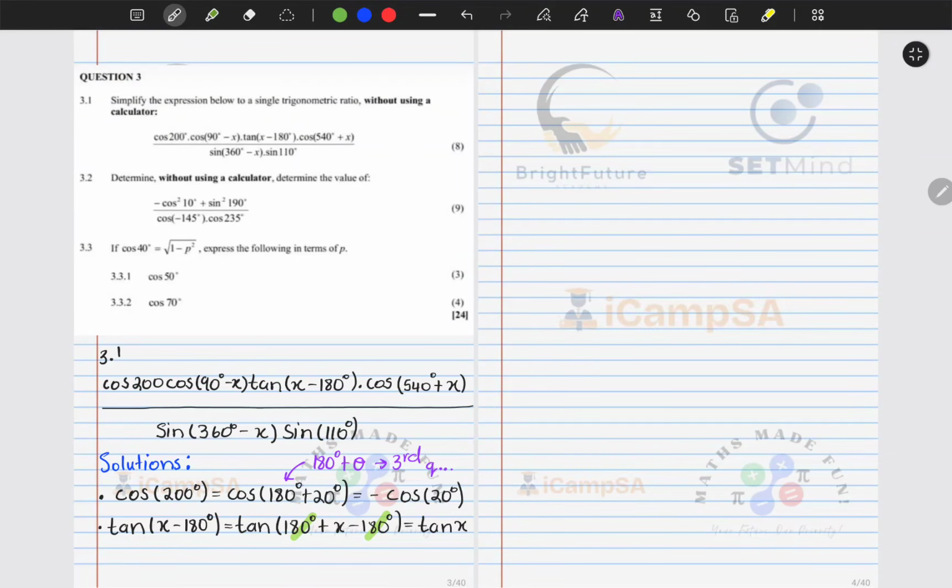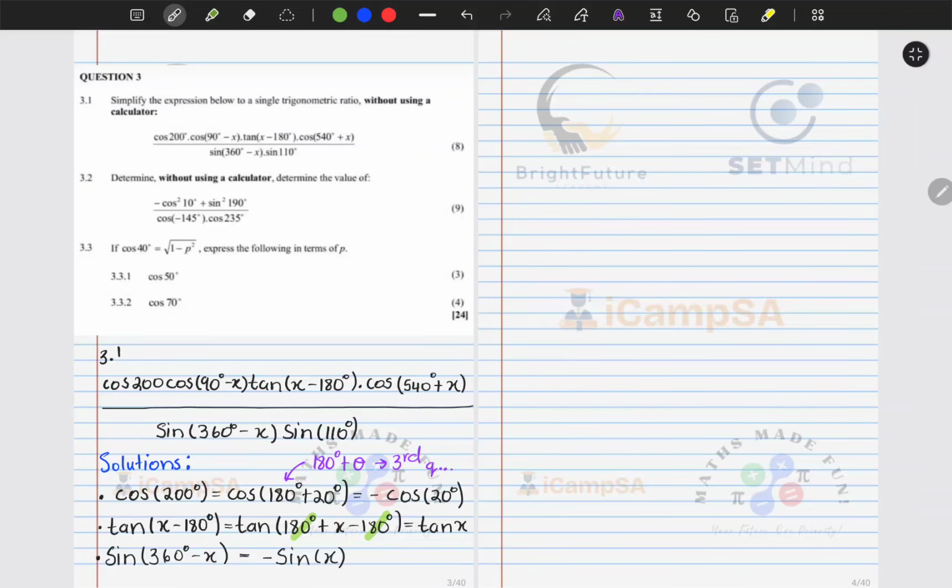Next, sine of 360 minus x. Whenever we're looking at 360 minus x, remember this is the fourth quadrant, so this is going to be negative sine of x.